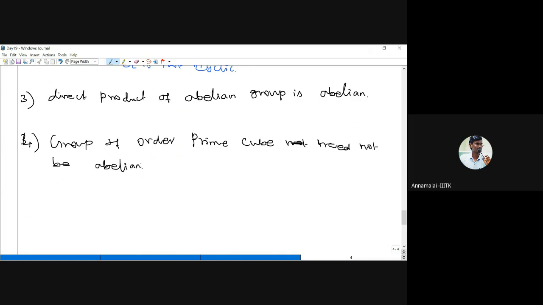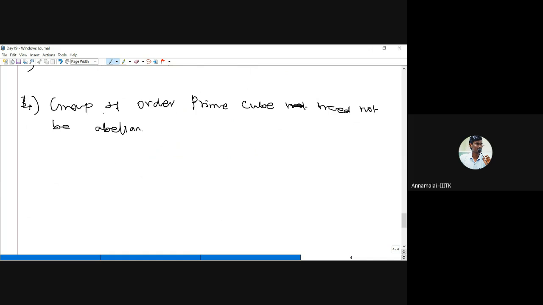So why? What is the example? The standard example is the quaternion group. What is a quaternion group? They usually call it Q8. It contains 8 elements: -1, +1, -i, +i, -j, +j, -k, +k. What is the condition? i square is -1, j square is -1, k square is -1. And what is the product?